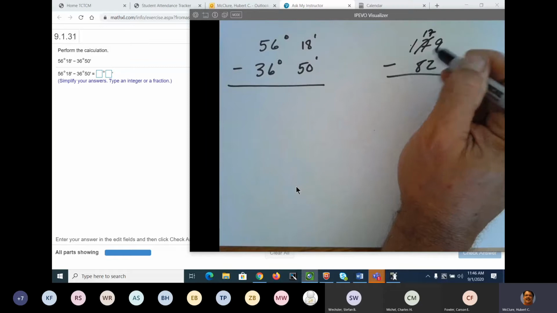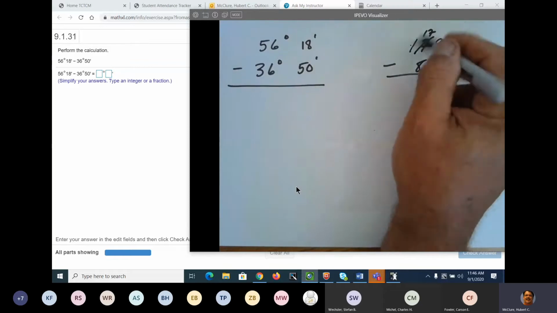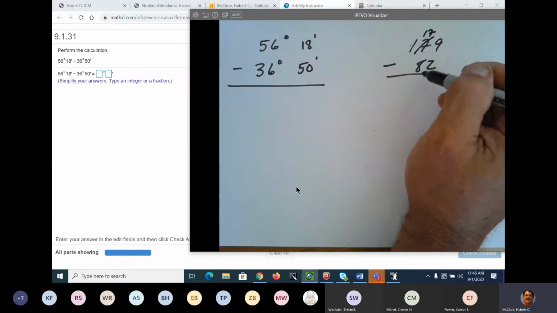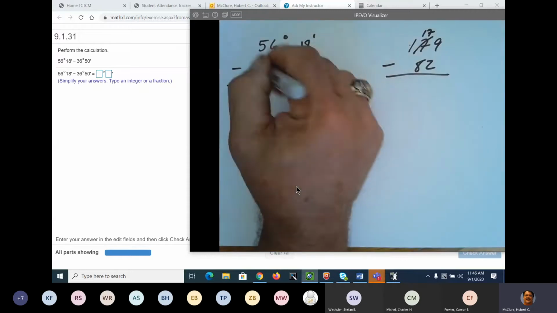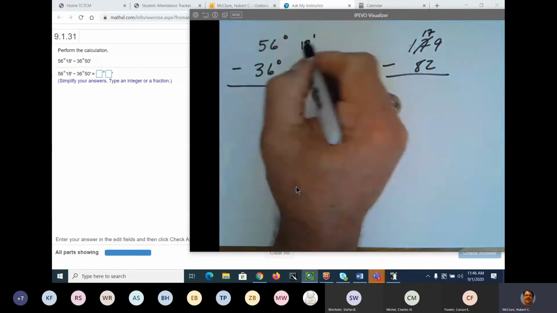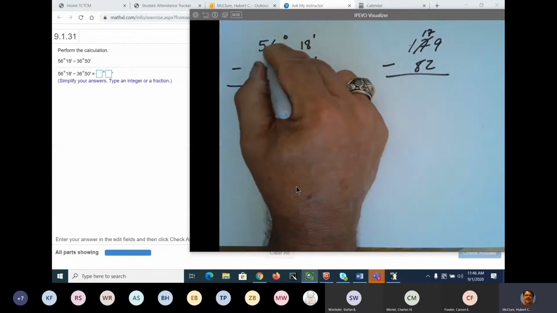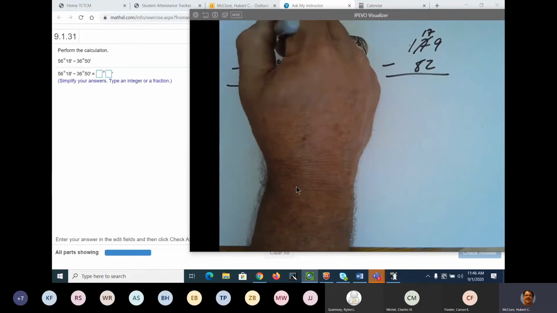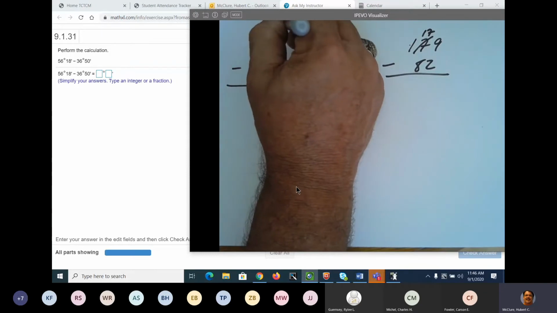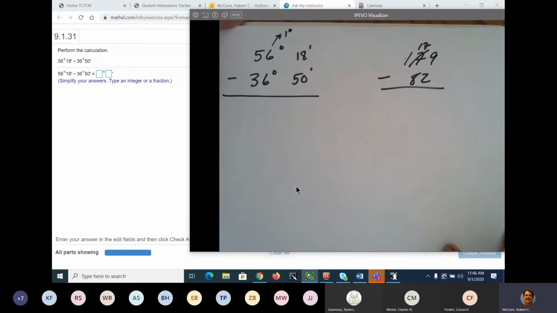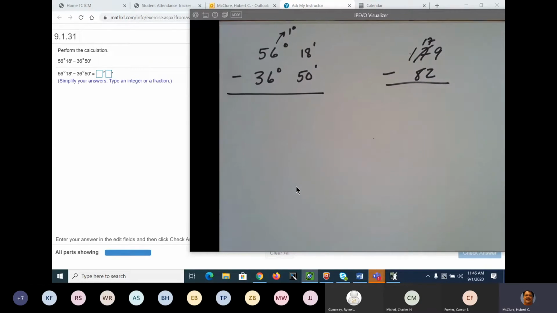I know that's not a good example, but anyway, y'all remember borrowing back in the day, back in grammar school? Well, you're gonna do that here, except one degree. I'm gonna borrow 1 degree from 56, and that's gonna make 55.